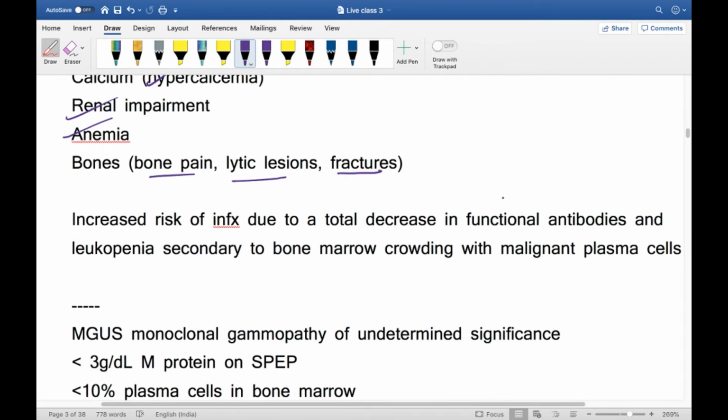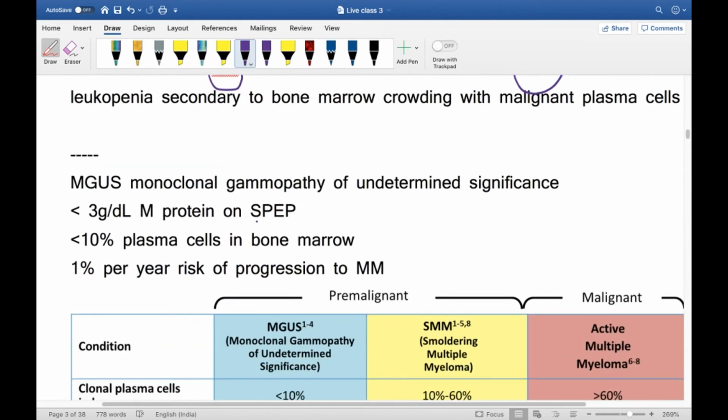Why? Because multiple myeloma is a monoclonal gammopathy which is overproducing the immunoglobulins, but they are all dysfunctional immunoglobulins. They are not functional. So that is the reason there is an increased risk of infection, which is a major cause of death in case of multiple myeloma.